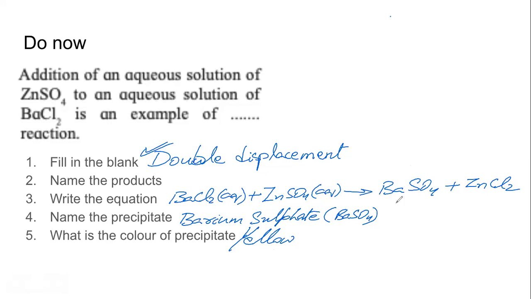And I told you yesterday, in most cases, the compound of the heavier element precipitates. So this will precipitate. And most compounds of barium are yellow in color. Okay. So the names of the products are, one is barium sulfate, I've written it already, and the second one is zinc chloride.